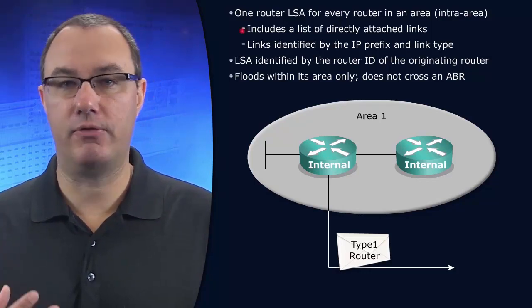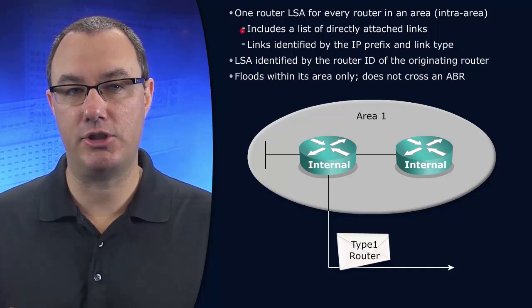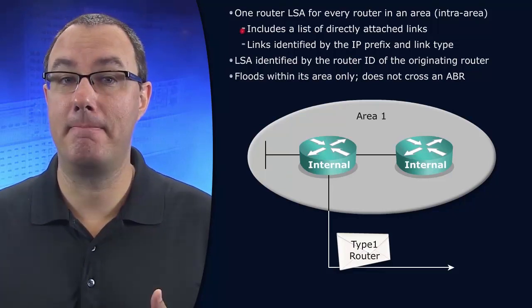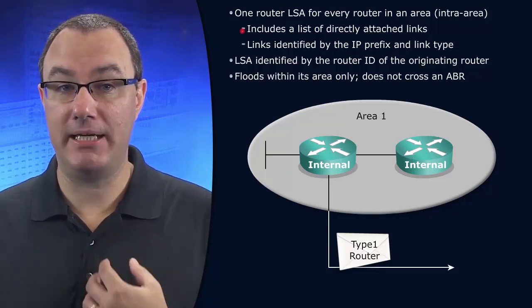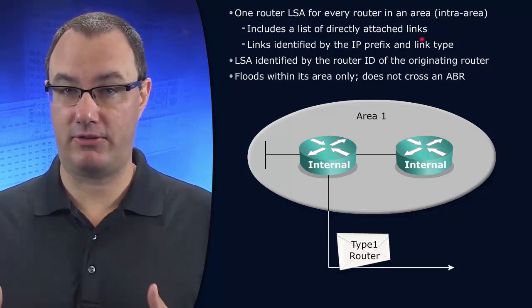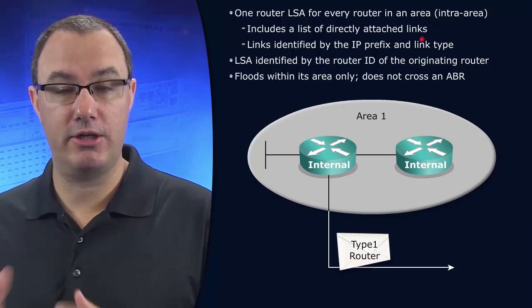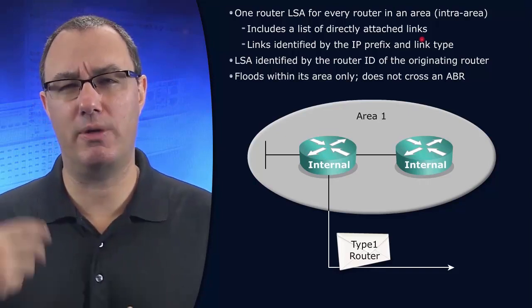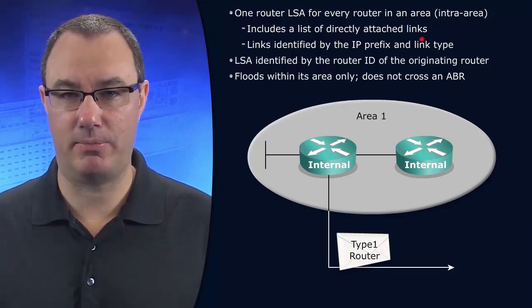In terms of the information that it shares, it says, here I am, here's my router ID, and here are all the prefixes that I connect up to. Here are all the subnets that I connect up to, showing the state and the link type.